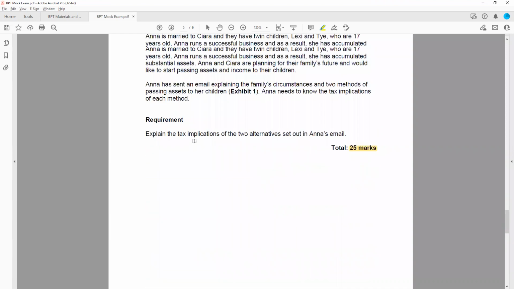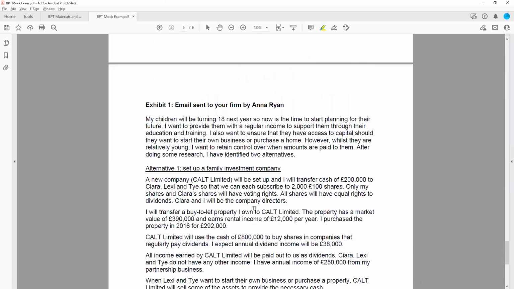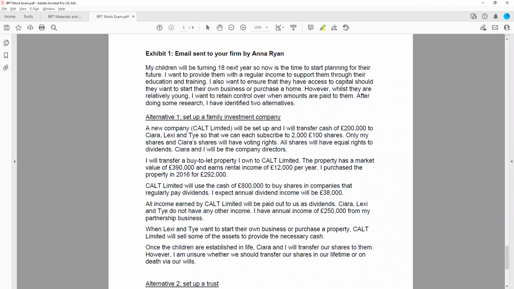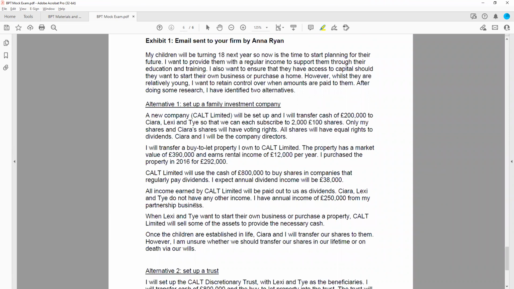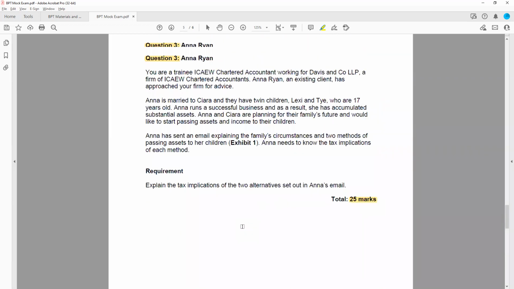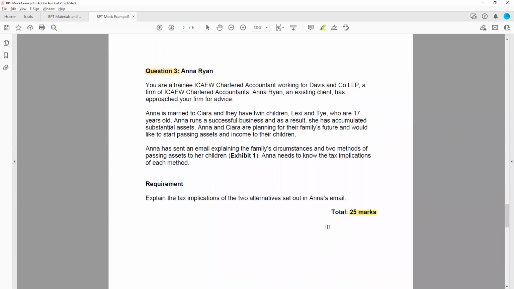So actually we might decide that we do want to allocate the marks and then allocate the time between the two alternatives. Perhaps there will be a bit more to do for alternative 1. Looks as though there's more numbers here, a bit more information. So maybe do 15 marks for alternative 1 and 10 marks for alternative 2.